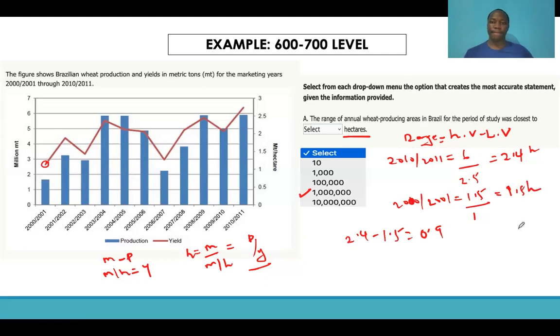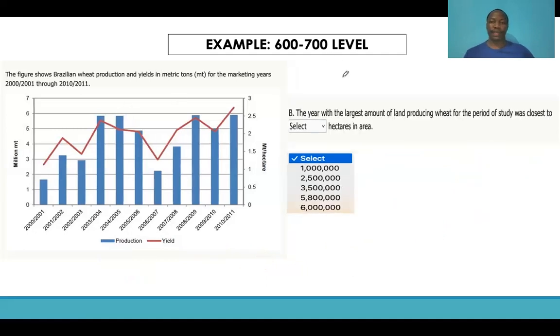Moving on to the second question. The year with the largest amount of land producing wheat for the period of study was closest to dash hectares in area. Again, to get hectares we do production over yield. For our case, we go with 2010-2011, which had the highest production, approximately 6 million metric tons.